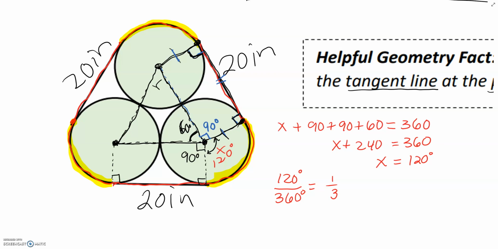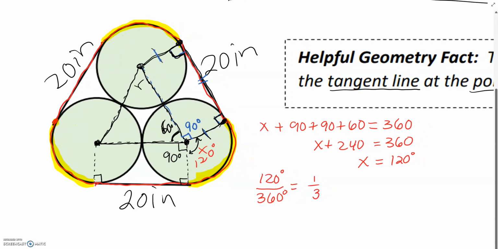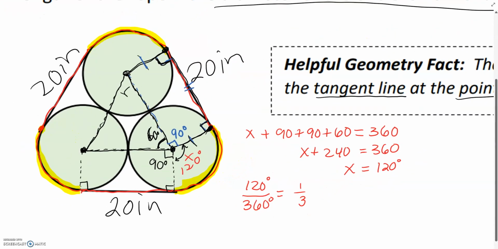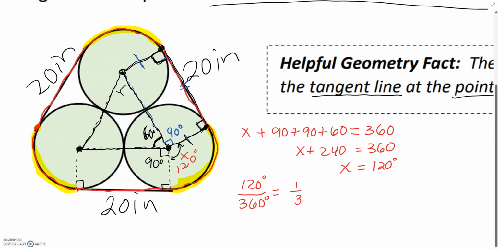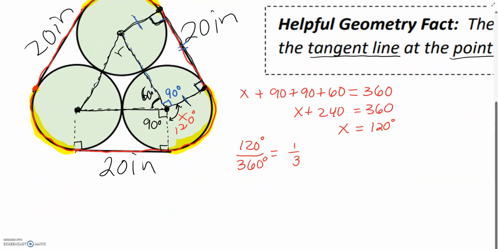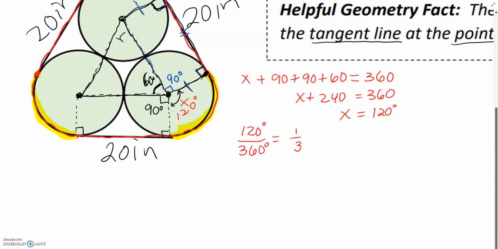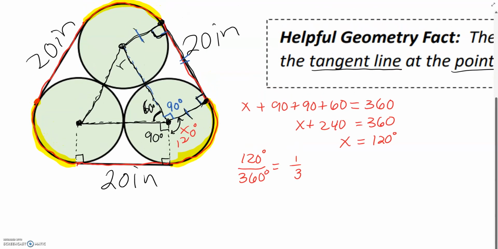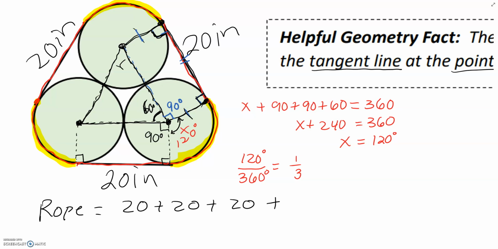So now your rope would be 20 plus 20 plus 20 plus 3/3 of a circle, and 3/3 of a circle is a full circumference.